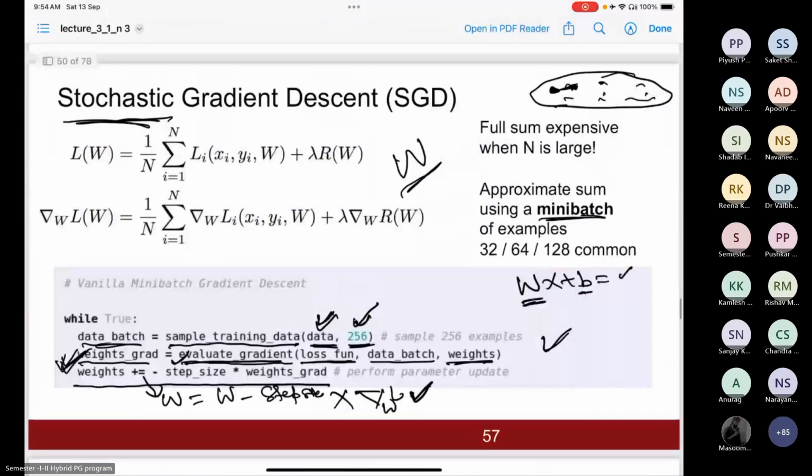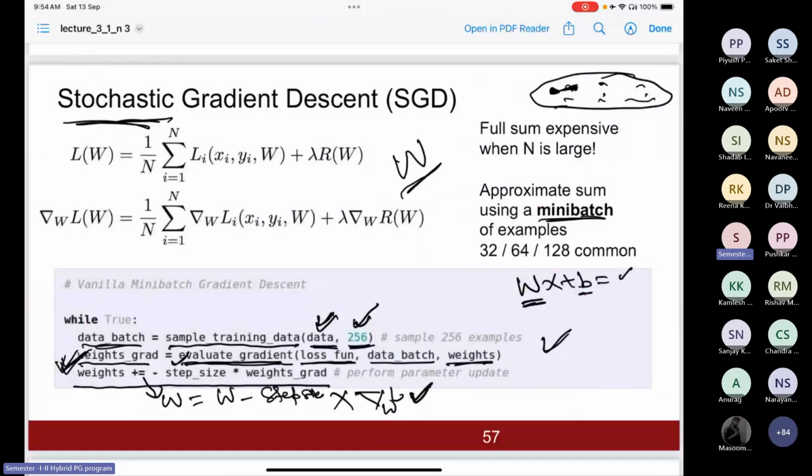So we have seen that everything is good. We got gradient descent, which is the helper, and it will help me to get the change in W. And that was the goal.